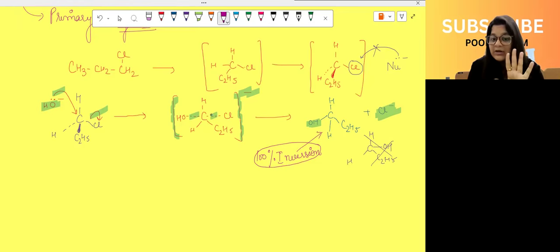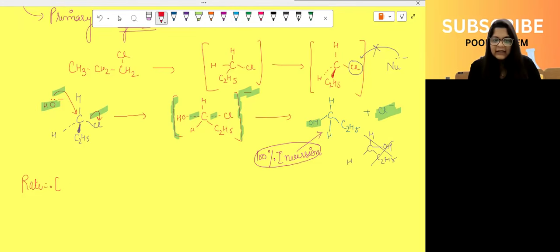Carbon cannot have 5 bonds. That's the partial bond which forms. So it's not a stable state which is going to form in between, like in SN1. So over here, it's a single step reaction. So for this reaction to happen, you need this nucleophile and this halogenoalkane entirely.